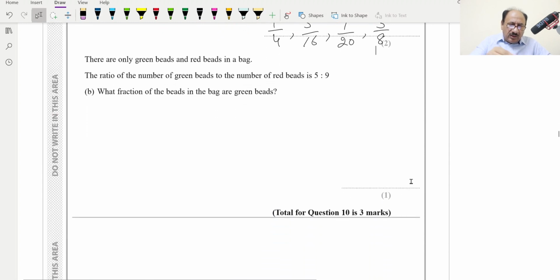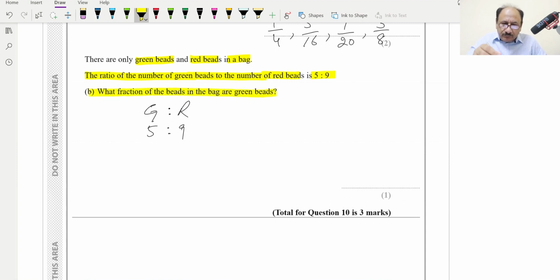Now there are only green beads and red beads in a bag. The ratio of the number of green beads to the number of red beads is 5:9. So green to red is 5:9. Work out what fraction of the beads in the bag are green beads.